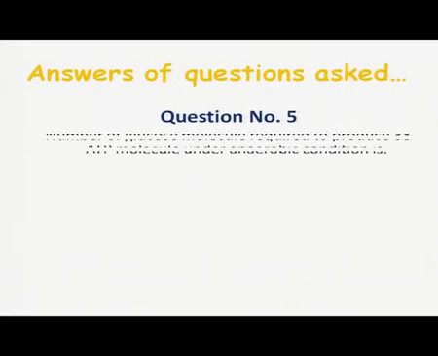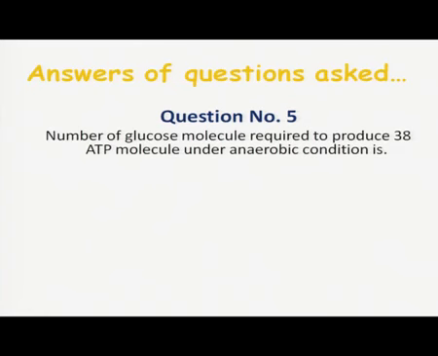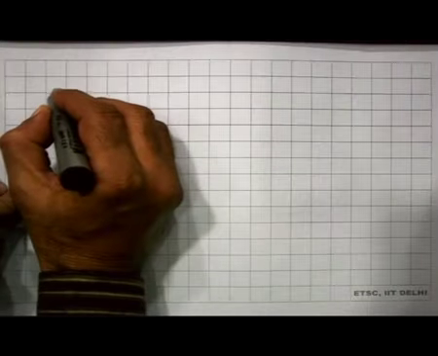Now, my last question was, the number of glucose molecules required to produce 38 ATP under anaerobic condition. This is a very important point. This is the case of anaerobic respiration. We know that in anaerobic respiration the total number of ATP liberated is 2 ATP. So one glucose molecule gives 2 ATP. You can solve it this way.